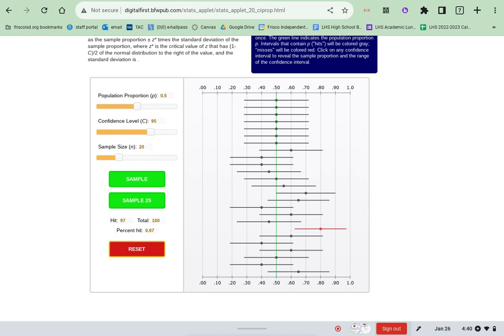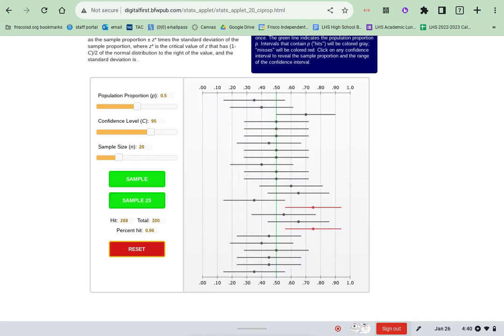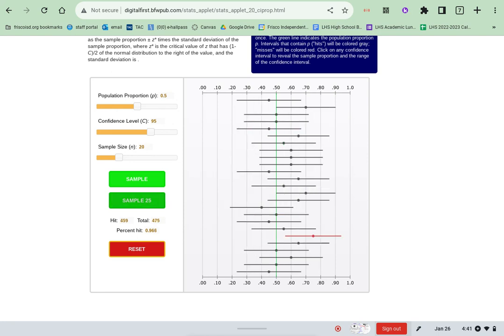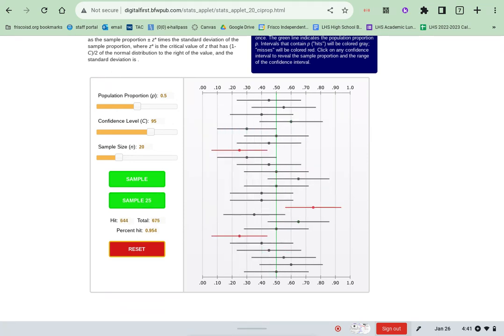I've taken 100 total confidence intervals now, and about 97% of them capture the true proportion. And I'm at a confidence level of 95%, so I'm going to keep sampling. Let's see how that changes. And guess what? If I kept sampling and kept sampling, eventually I would contain the true proportion exactly within 95%.